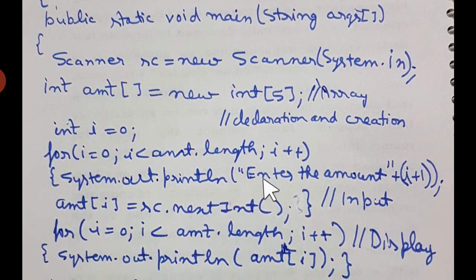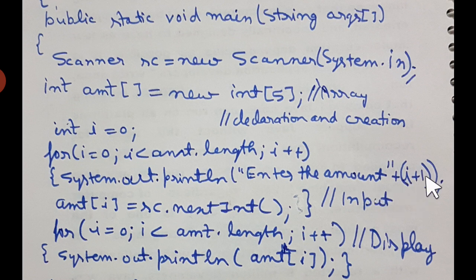After that we have declared a variable i, which represents the index of different elements in the array, so I have declared it at the top, int i = 0. After that the for loop: i equal to 0, i less than amt.length, i plus plus. This is a very common loop of the array. We ask for "Enter the amount" i plus 1. Why i plus 1? Because if I remove this plus 1, then the first time when the value of i is 0, it will print "Enter the amount 0", which doesn't make any sense.